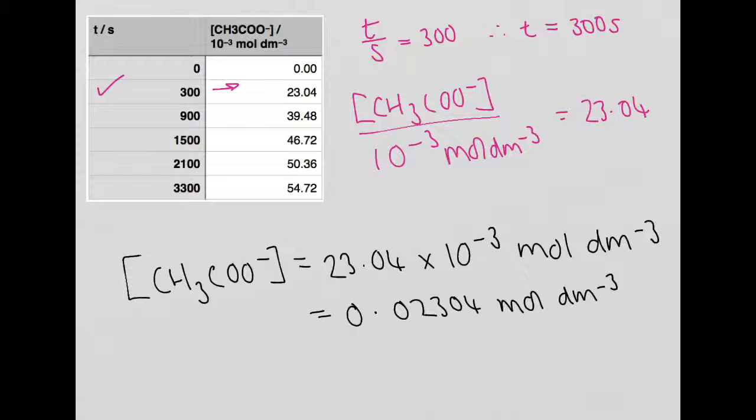Now, usually what people want to do is present the times 10 to the minus 3 on the top, so it would be concentration of acetate times 10 to the minus 3, to present it that way.